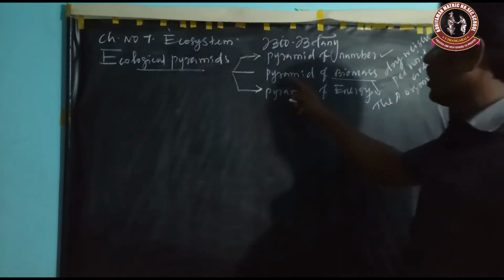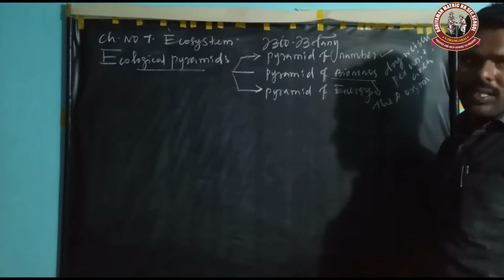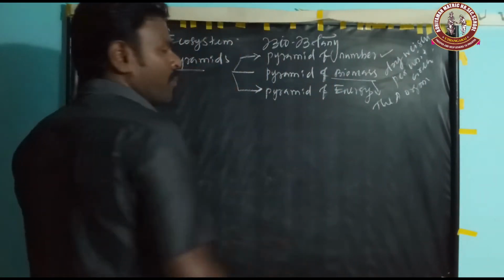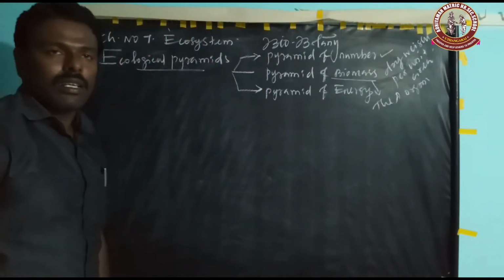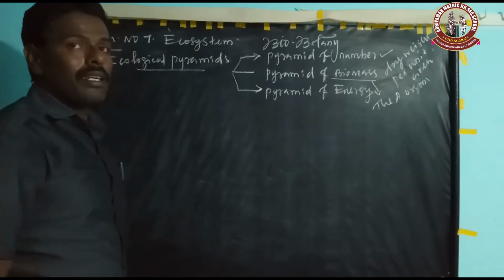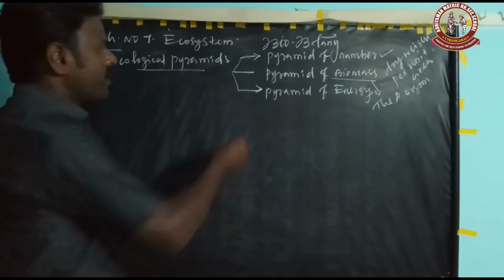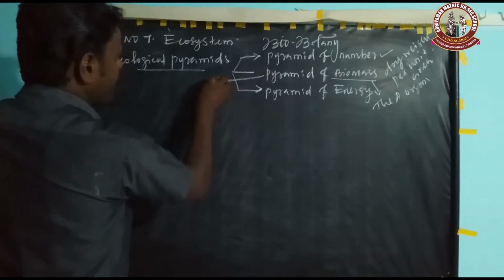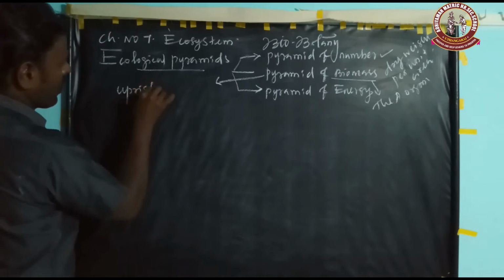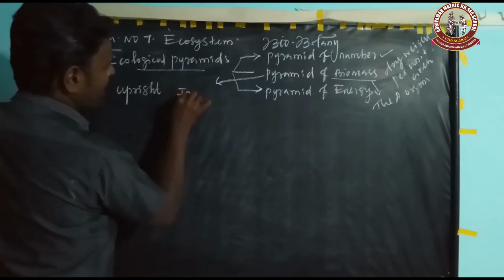For the pyramid of biomass, two different shapes take place. They are upright, and another one, inverted.